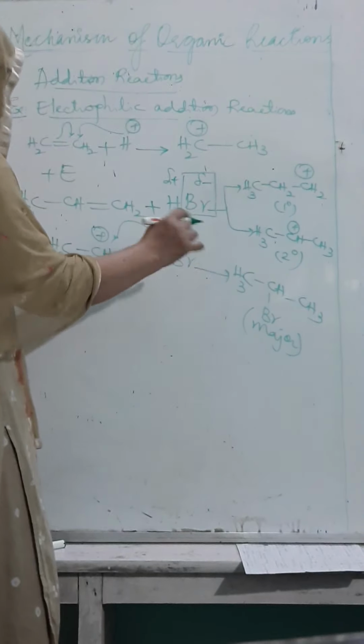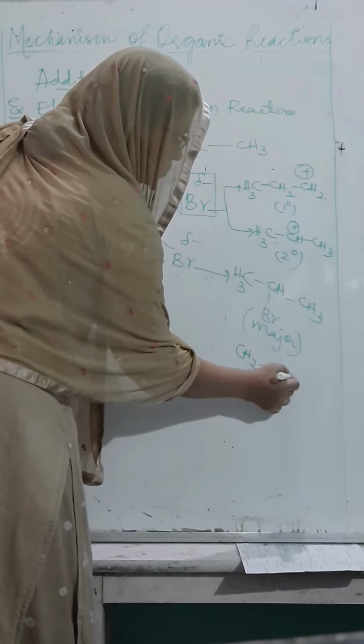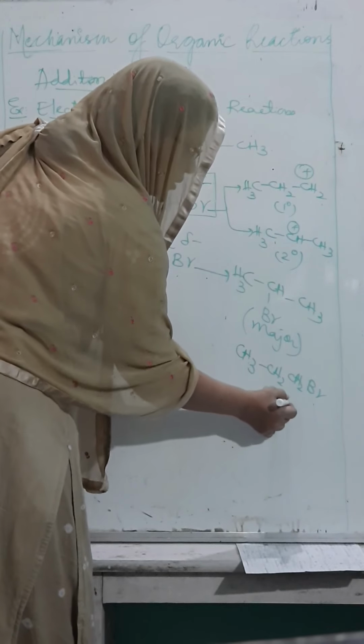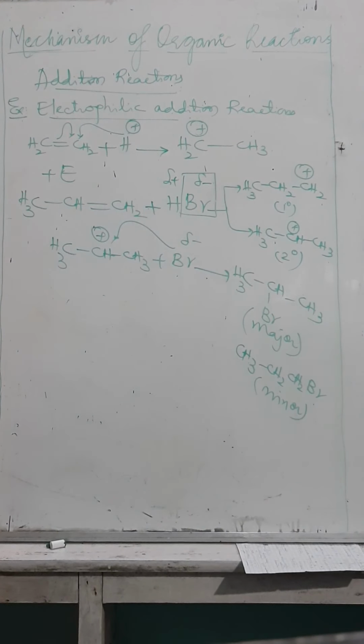But along with this, we will also get 1-bromopropane. 1-bromopropane is the minor product.